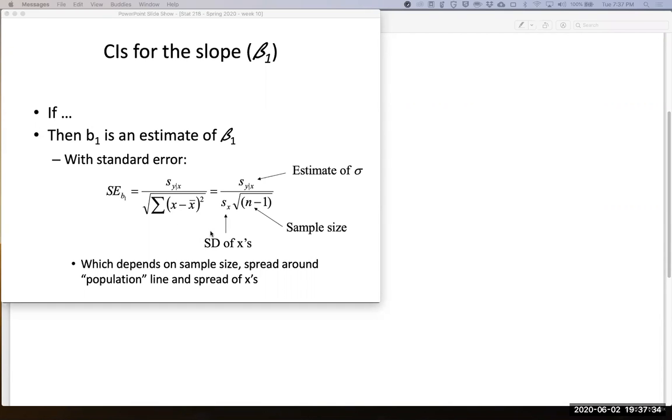Okay, so if I were to give you a slope and an intercept, we have the notion that B1 is the slope in the sample, and it's estimating an unknown population characteristic beta 1. Again, my truth is the following.